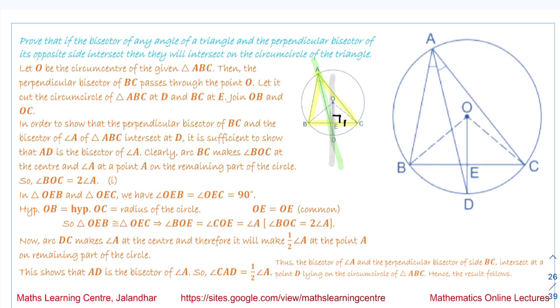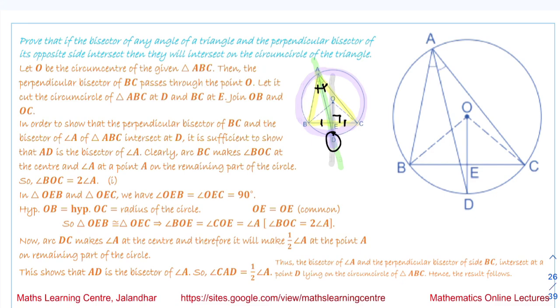Perpendicular bisector means this is perpendicular and these two are equal, and angle bisector means these two angles are equal to each other. We have to prove that if AD and OD intersect at some point D, then this D will lie on the circumcircle. Circumcircle means a circle passing through the points A, B and C. We are saying that this point D will lie on this circle.